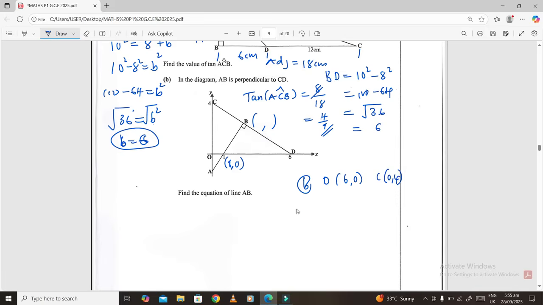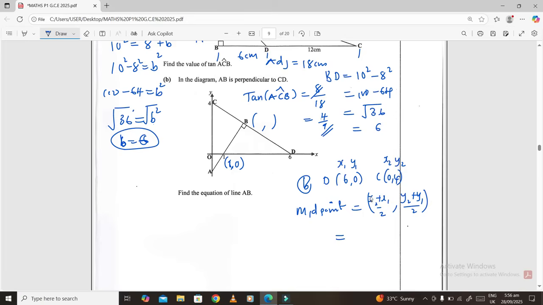So we shall say midpoint is equal to x2 plus x1 over 2, y2 plus y1 over 2. Remember this formula. So we say this is our x1, y1, x2, y2.